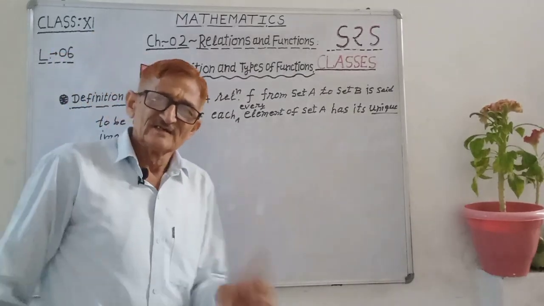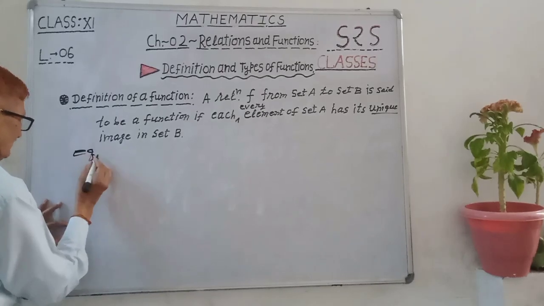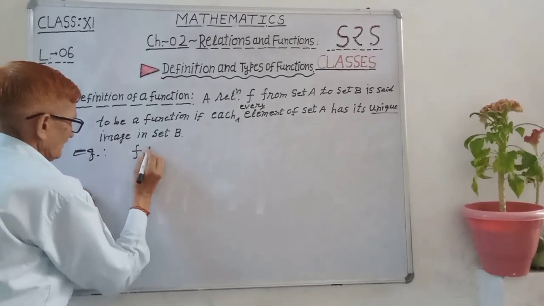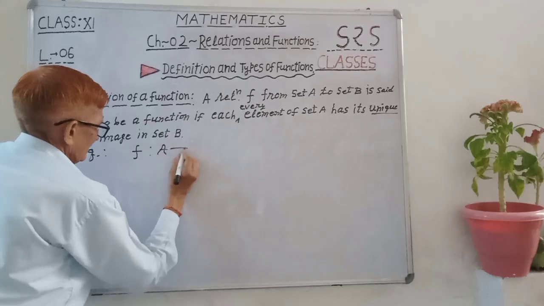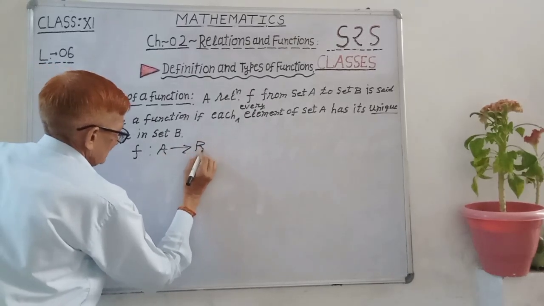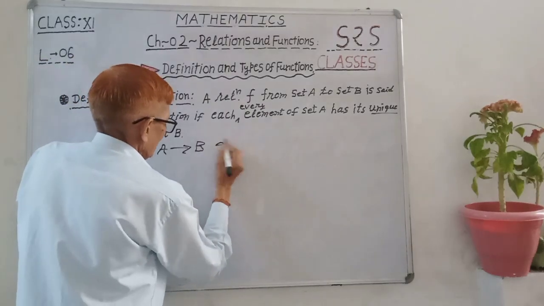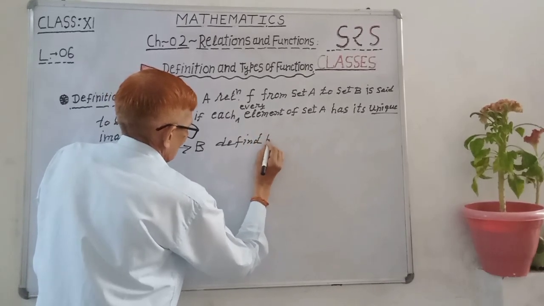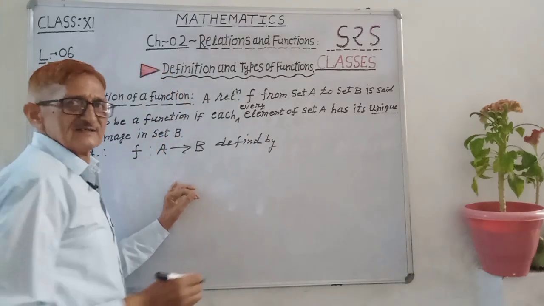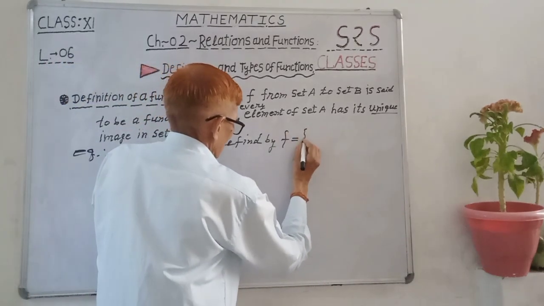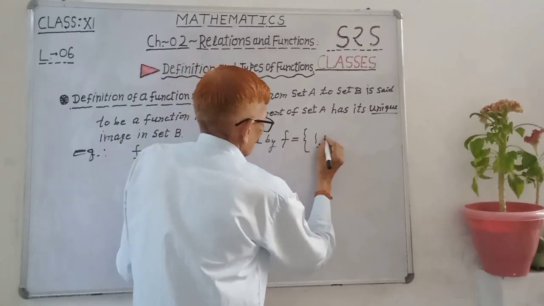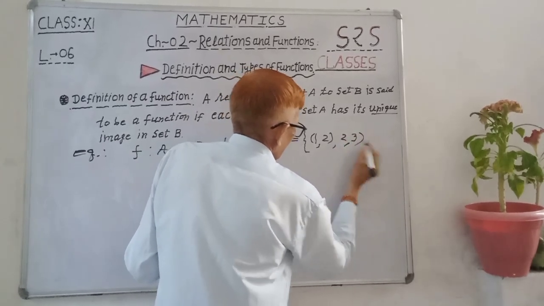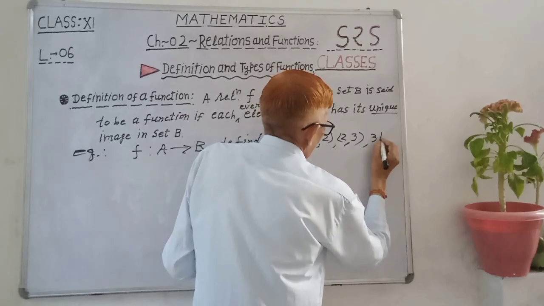For example, f such that A to B, defined by f equals {(1,2), (2,3), (3,4)}.